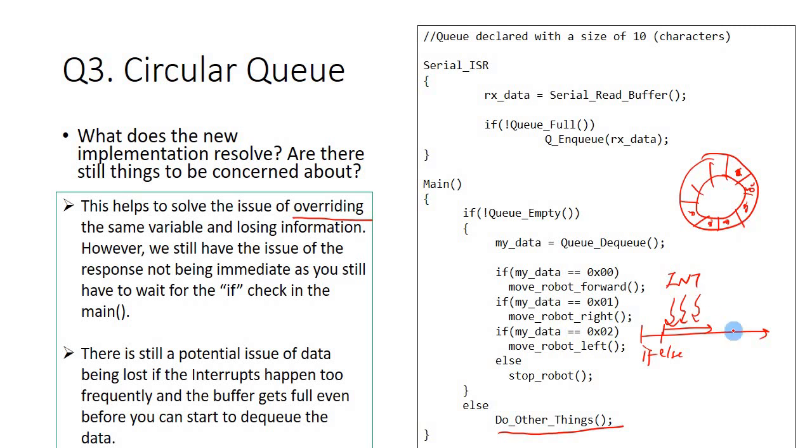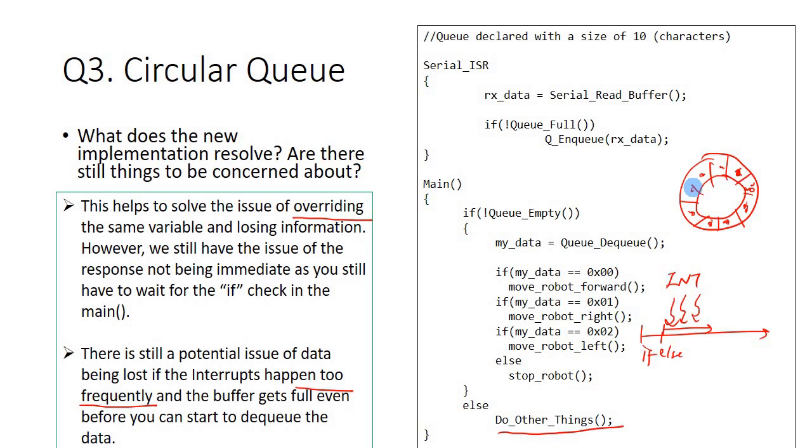Now, the potential issue is if the interrupts happen too frequently. In other words, the do other things takes too long, and many interrupts have already happened by that time. There may still be a potential issue where I have filled up all the space in the circular queue. That is a potential issue that we still have to be concerned about.